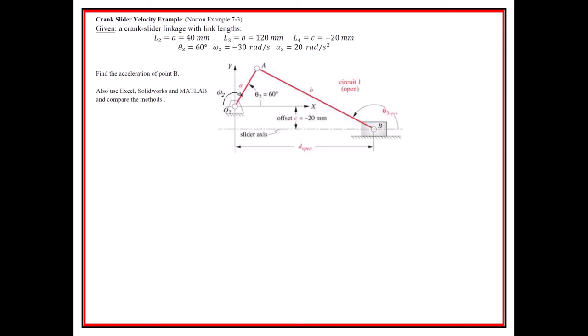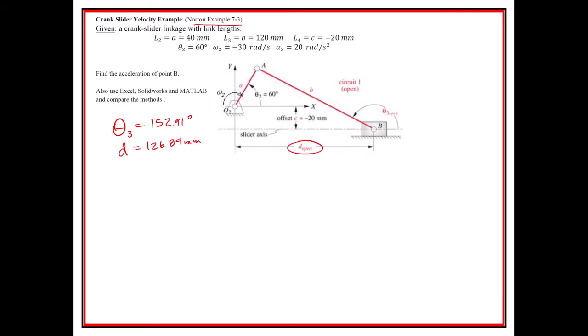Okay, well, from previous analyses, we found that theta 3 in this problem, by the way, this is example 7.3 in Norton. We found that theta 3 was 152.91 degrees. D, which it turns out we don't need, but it is the 126.84 millimeters.